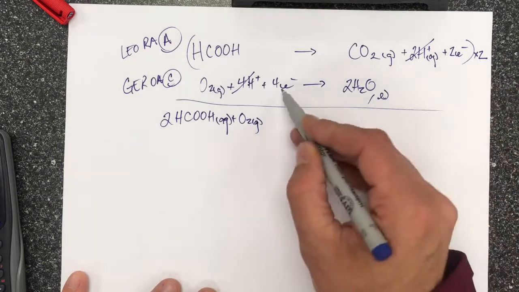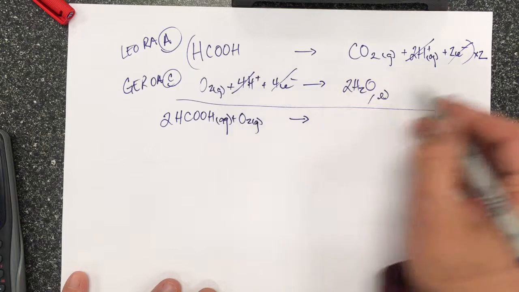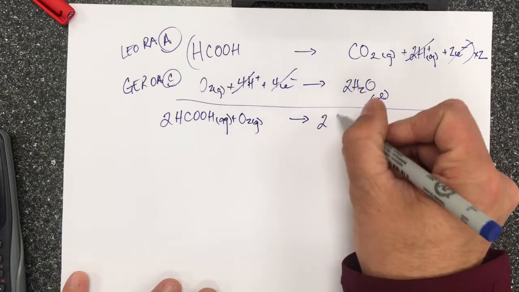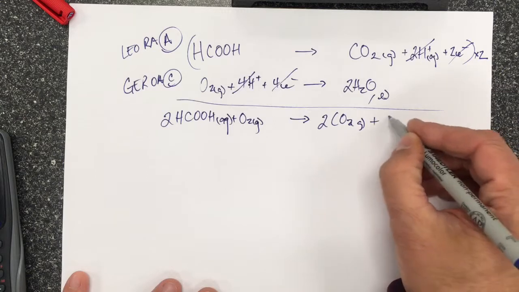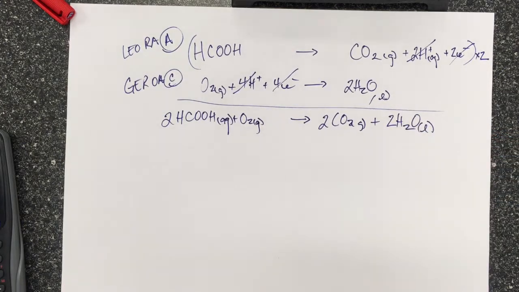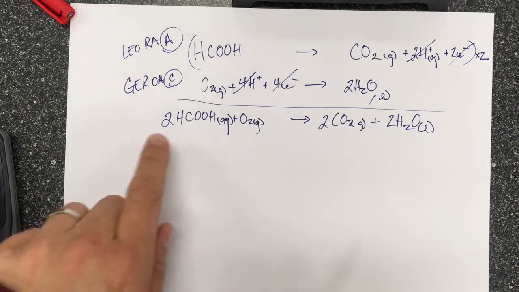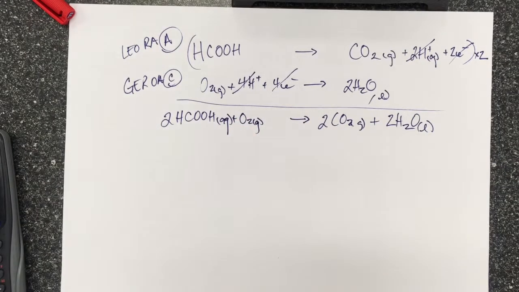I also have 2 electrons and 4 electrons, so they also cancel each other out. And I have 2 carbon dioxide gases, we already canceled out my hydrogens, plus 2 waters. That's my net redox reaction. And we have 4 mole of electrons transferred for every 2 mole of this, 2 mole of this, and 2 mole of this, and 1 mole of oxygen.